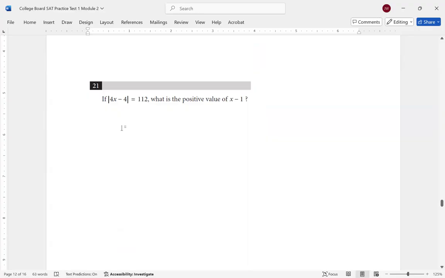Number 21 says if the absolute value of 4x minus 4 is equal to 112, what is the positive value of x minus 1? Now, the key to this is to realize that if we have the absolute value of 4x minus 4 is equal to 112, I can factor out a 4 on the left-hand side.